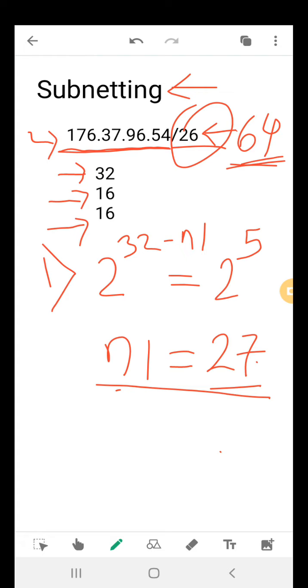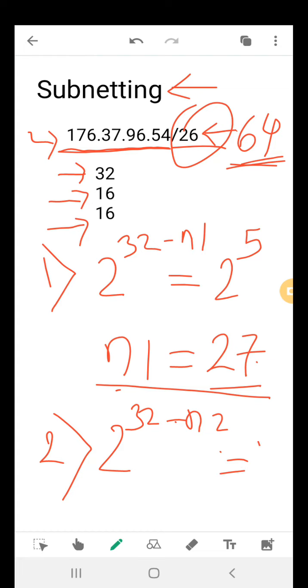Similarly, we can calculate for the second office: 2^(32 minus N2) should be equal to 16, and this 16 can be written as 2^4. If we equate it, the value of N2 will be 28. Similarly, for the third office also, the subnetwork mask is going to be 28, so /28.